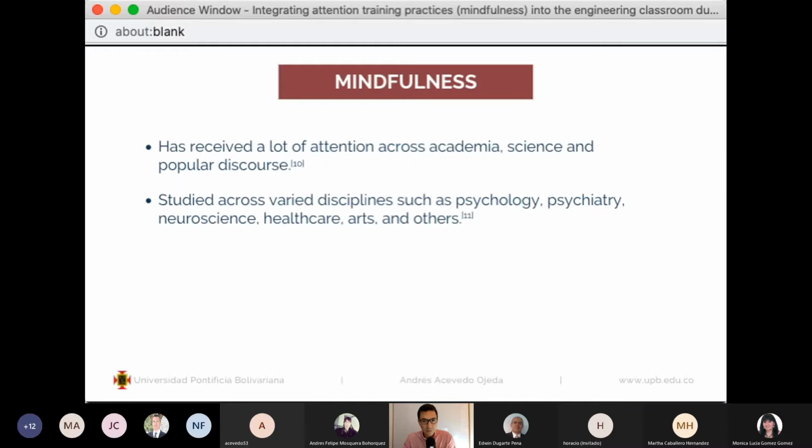In recent years, mindfulness has received a lot of attention across academia, science, and popular discourse. It has been studied across various disciplines such as psychology, psychiatry, neuroscience, healthcare, arts, and others.